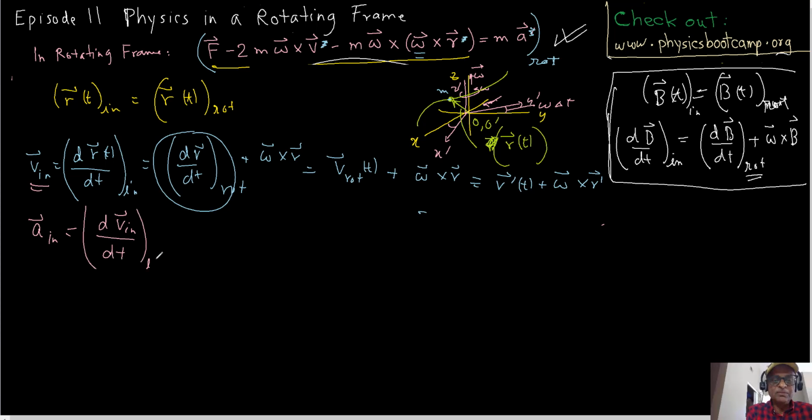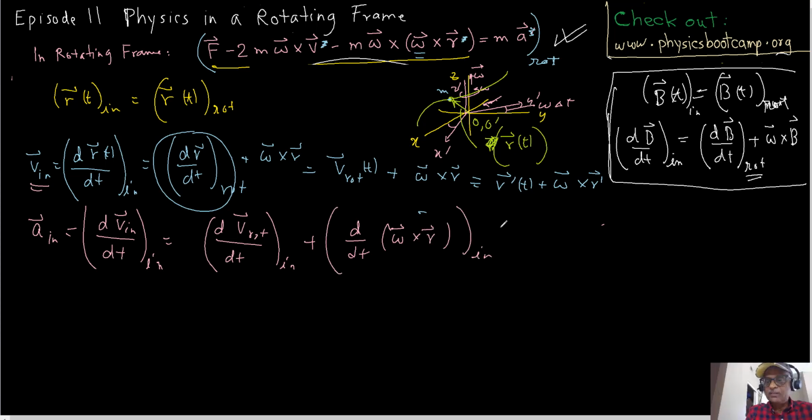So it's going to be d v rot dt inertial plus d/dt of omega cross r, and do it inertial. So these derivatives are inertial derivatives in the inertial reference frame. So we know that derivatives in the inertial frame get an extra thing added when you relate to the rotating frame. So we want to write everything in the rotating frame over here. So this guy, let's work out that one first.